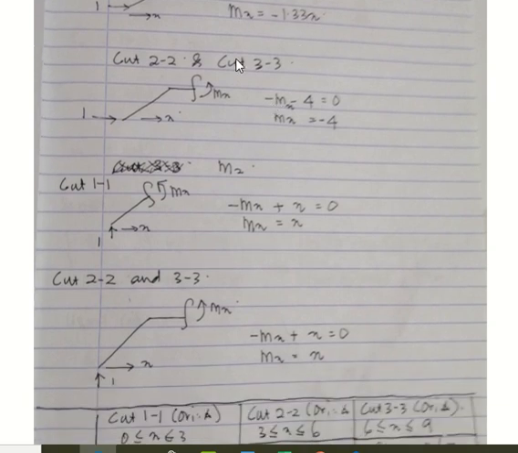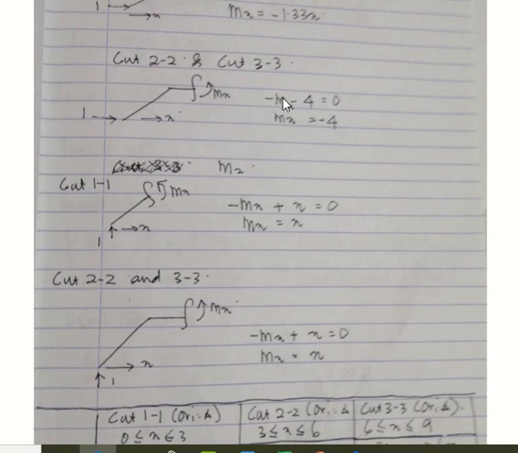For cutting number 2 and cutting number 3, they have the same moment equation. Your structure looks like this, where you have a 1 point load here, and this is your cutting. Again, you calculate the bending moment equation for cutting number 2 and number 3, clockwise moment as a positive value.